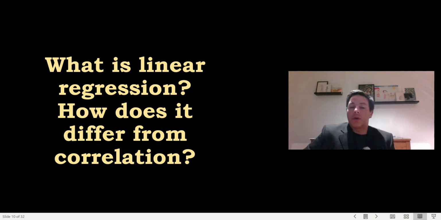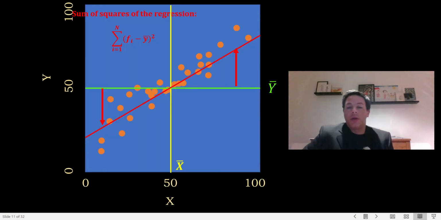So what is linear regression? How does it differ from correlation? In correlation, we obtain one number, and that number gives us an idea of the strength of the relationship between two variables and the direction of the relationship, whether it's negative or positive.